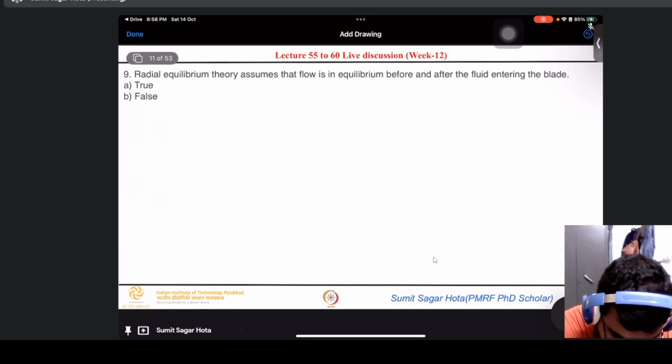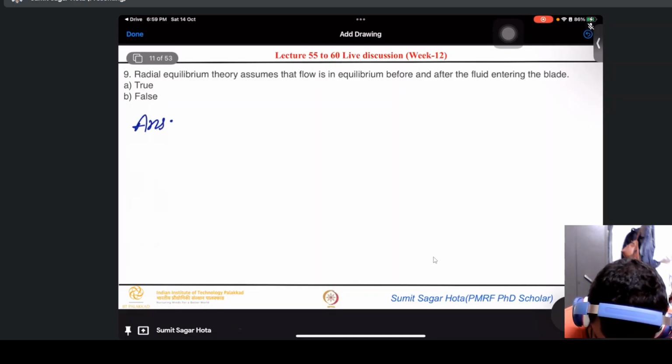Next question. The radial equilibrium theory assumes that the flow is in equilibrium before and after the fluid enters the blade. Is it true? Obviously, it is true.